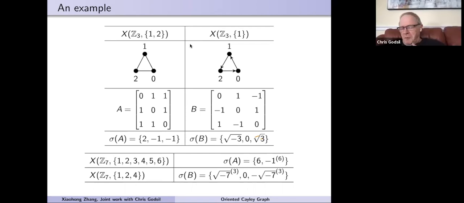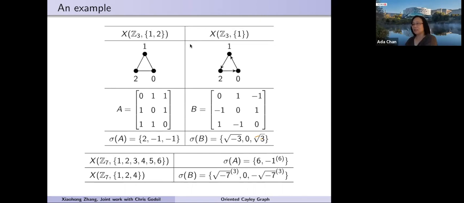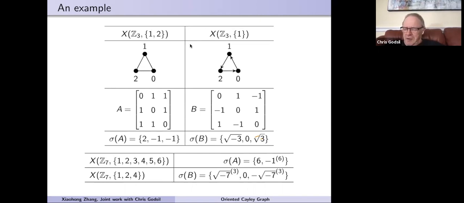There's a fair bit of stuff about when the eigenvalues of a Cayley graph of an abelian group are all integers. It was worked out by Bridges and Mena, and it's rediscovered and republished at regular intervals. But nobody's looked at oriented graphs, and it wasn't clear what the answer was going to be like. So this is the first step. If we want to look for things like periodicity and uniform mixing on oriented graphs, then we can now start looking at Cayley graphs for abelian groups. But we haven't got to that part yet.